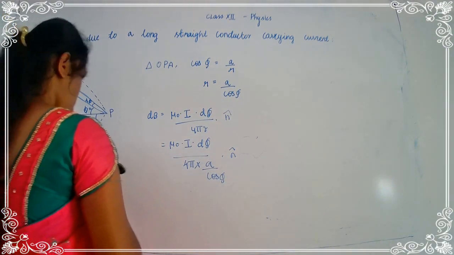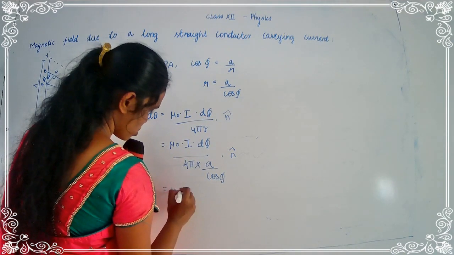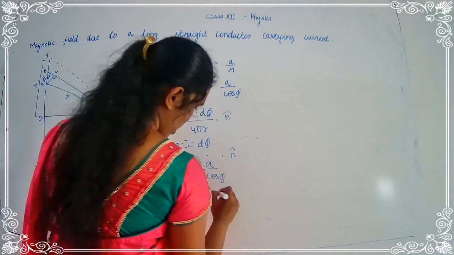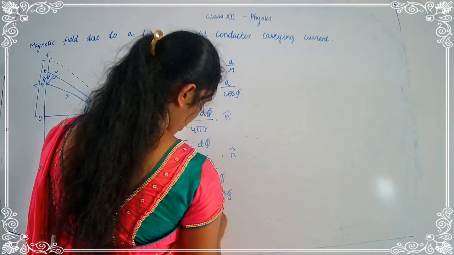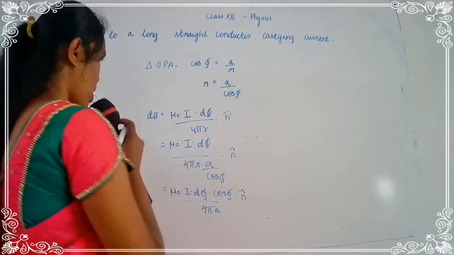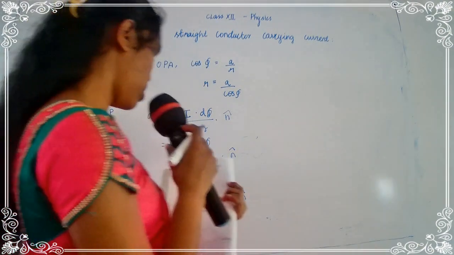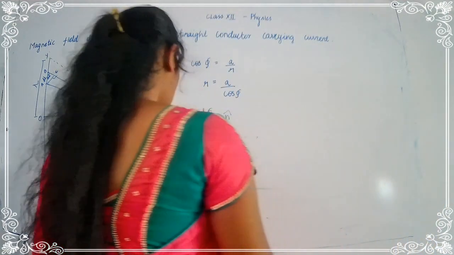Now, mu naught I into dφ, cos phi moves up, cos phi by 4 pi a into n cap. Okay. This is dB. Now, this is the magnetic field for a small element.